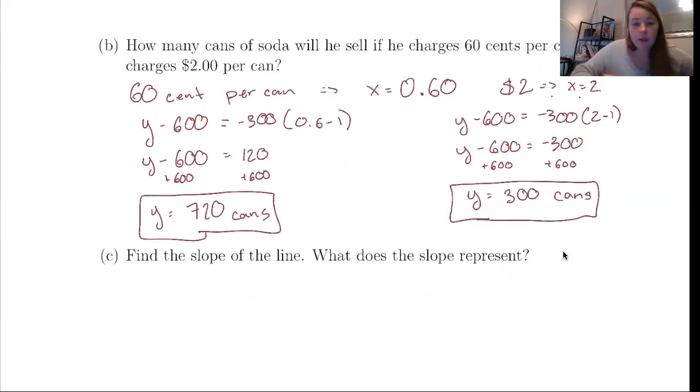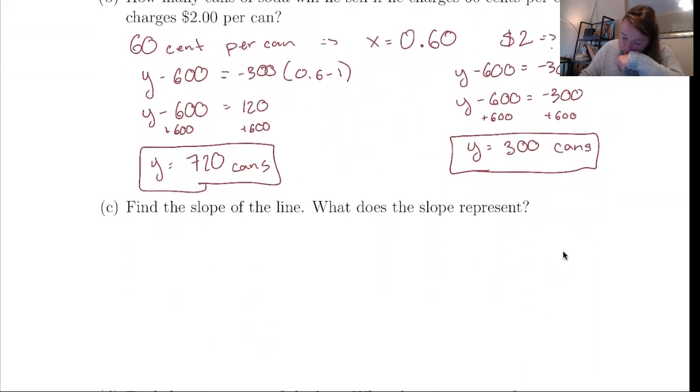So find the slope of the line. What does the slope represent? So we found earlier that M equals negative 300. And what does this represent? So we can say it like how we talked about the 25-cent increase in cost and the 75 decrease in selling.